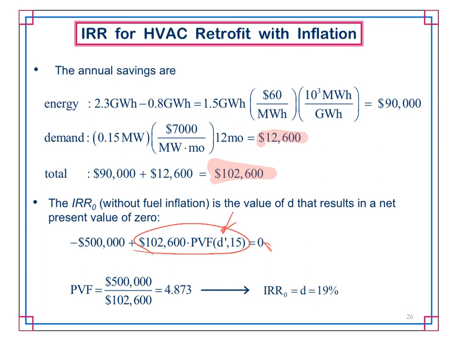So when I take my $500,000 and divide it by my annuity, I get 4.873. I go back to my table, look at a period of 15 years, look for a value of 4.873, and I get an interest rate of 19%.